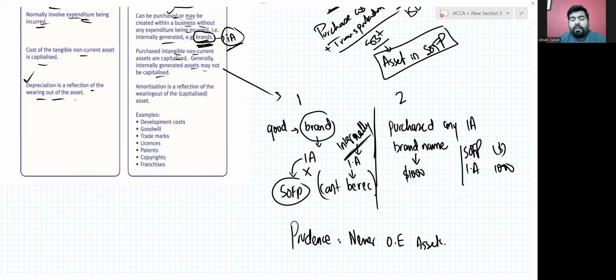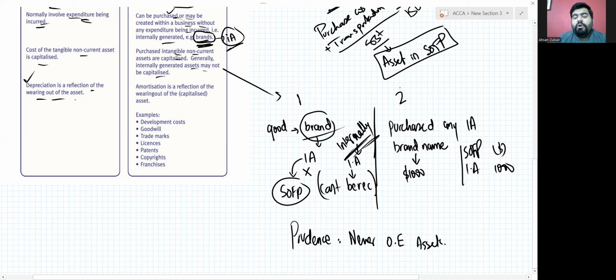So what will businesses do? They will try to overvalue the intangible asset when it is internally generated and they have to decide by their own.